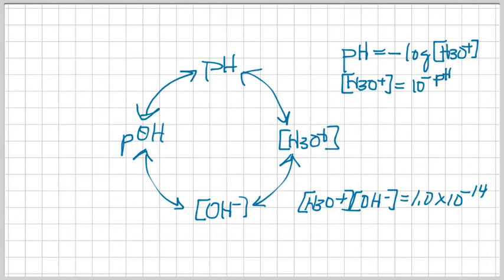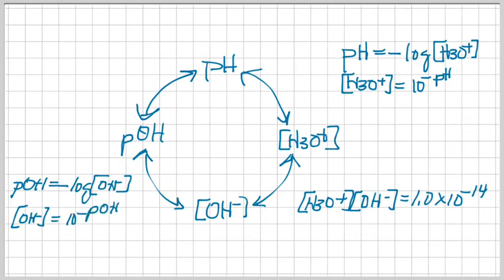Between pOH and OH, just like pH, but we're looking at different substances. And then this one's my favorite. pH plus pOH equals 14.